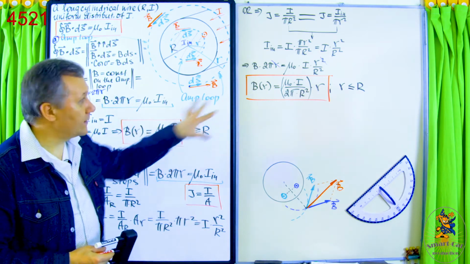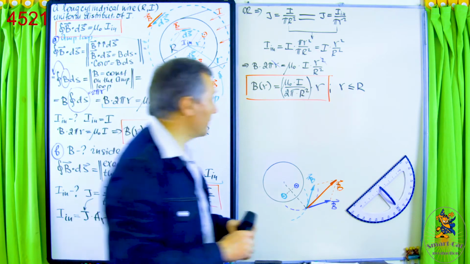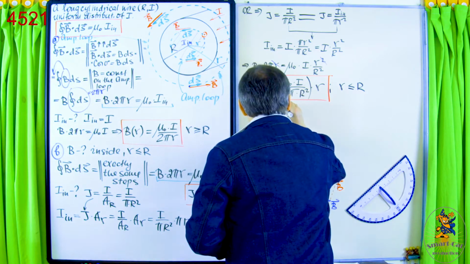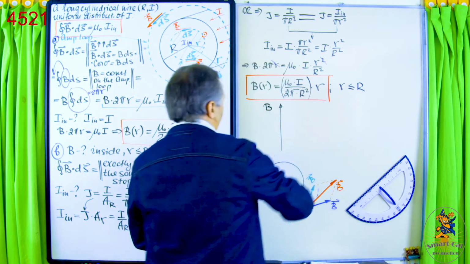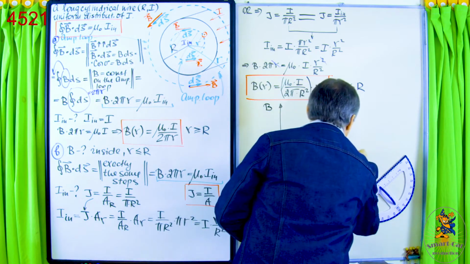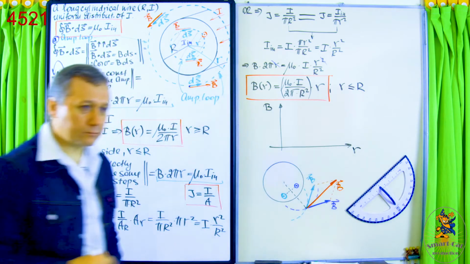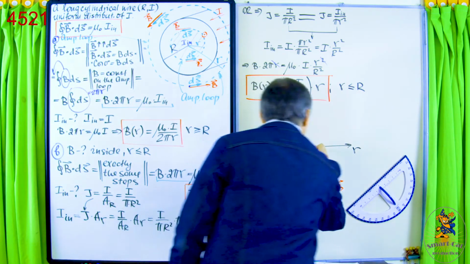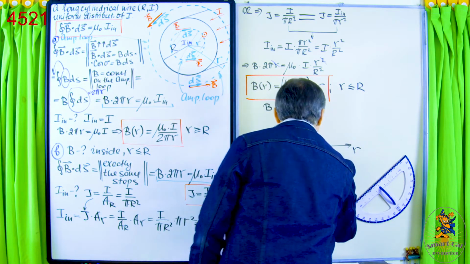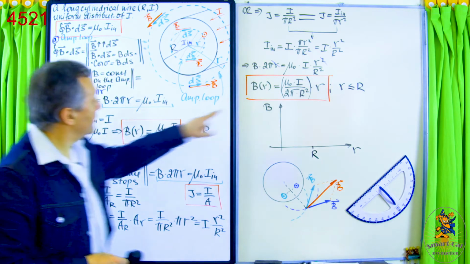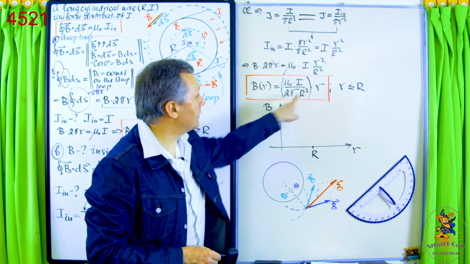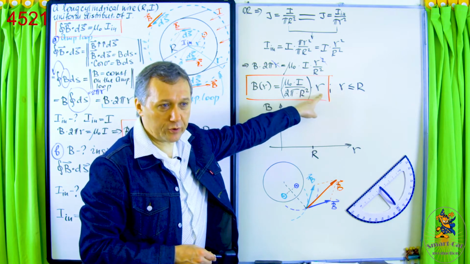So plot this and that on the same graph. Okay, so now if we plot B versus r, and somewhere over here is our r capital, the radius of the wire. Let's start with inside. Inside it grows linearly, proportional to r.